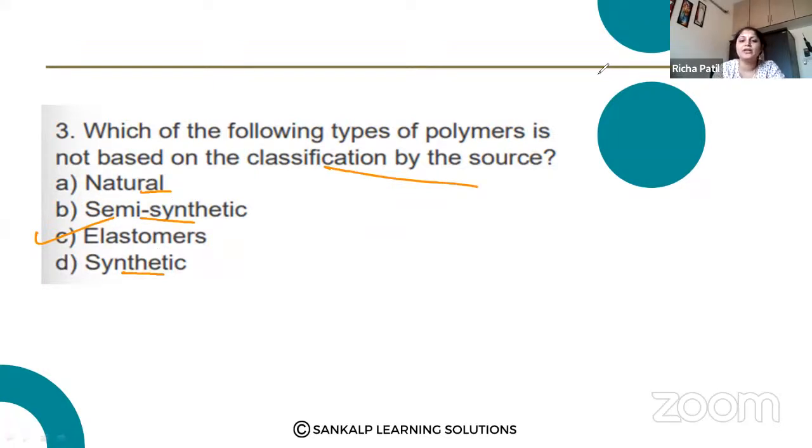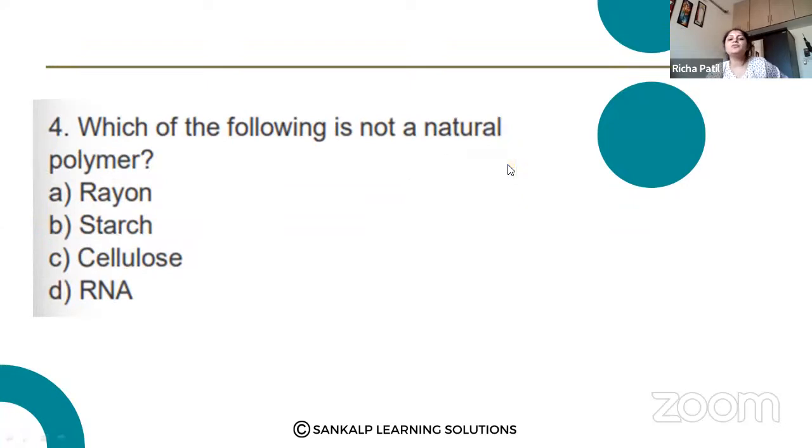So we'll go for the next one. Which of the following is not a natural polymer? Natural polymers are obtained from plants and animals. So here, which is not a natural polymer? Okay, so it is rayon. Rayon is a synthetic material. Starch, cellulose, RNA are all natural polymers. So rayon is not. So A is the correct answer.